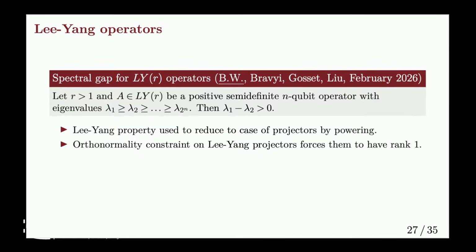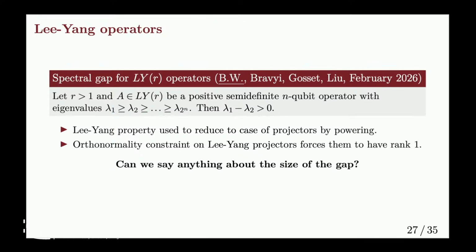Otherwise, if you could decompose it into a sum of more than one Lee-Yang tensor, you'd get orthonormal Lee-Yang tensors in the subspace of the maximal eigenspace. That causes a contradiction because you can't have orthonormal Lee-Yang tensors, at least in that way, because then you could contract them together and get 0.